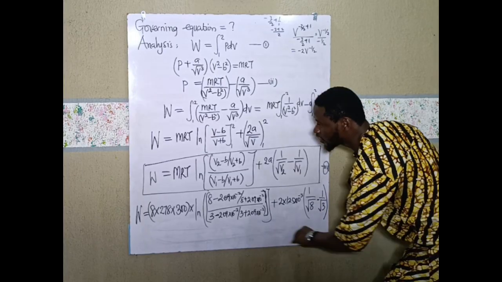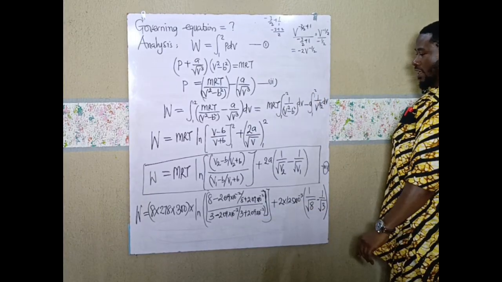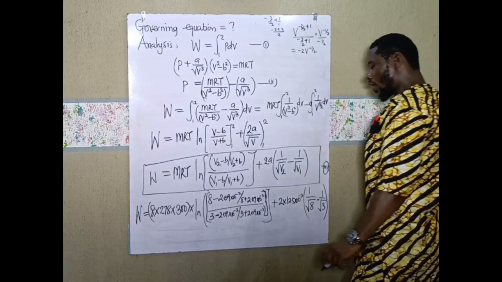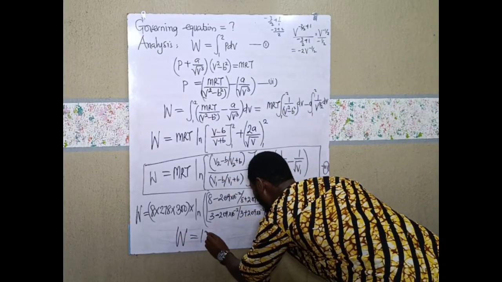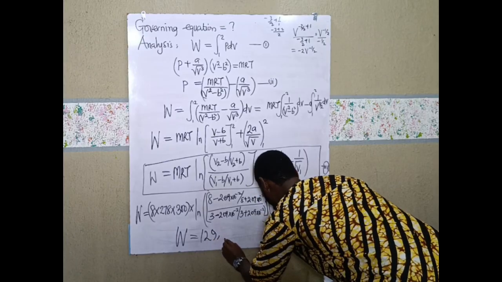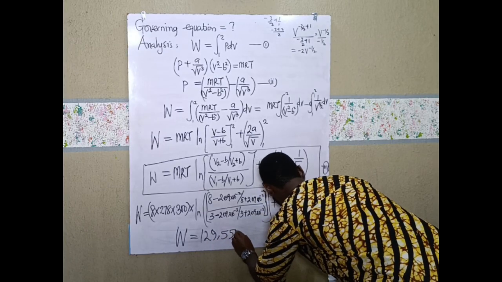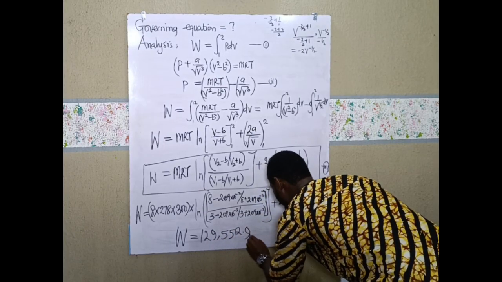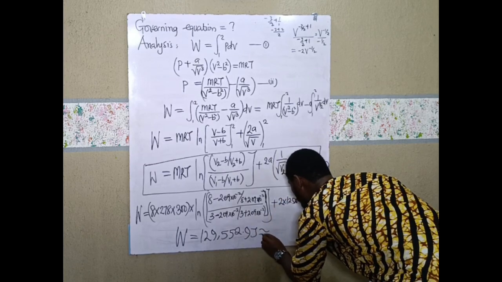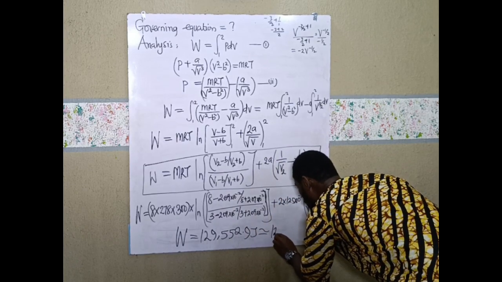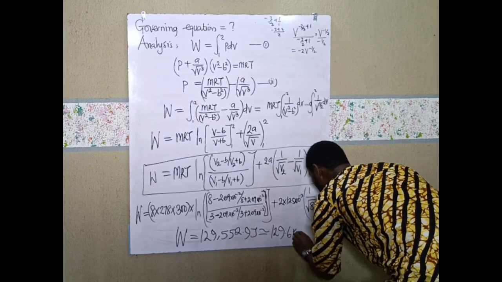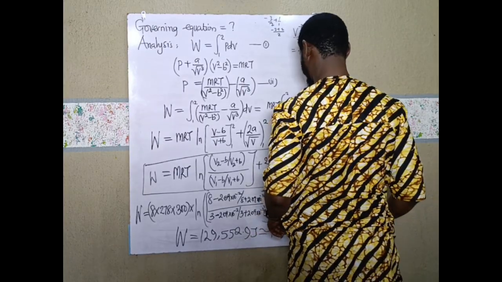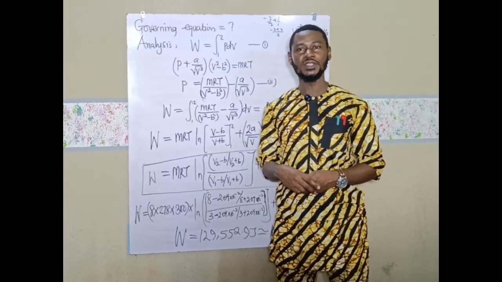By the time you punch your calculator, the final result becomes W equals 129,552.9 joule, which is also the same thing as 129.6 kilojoule.